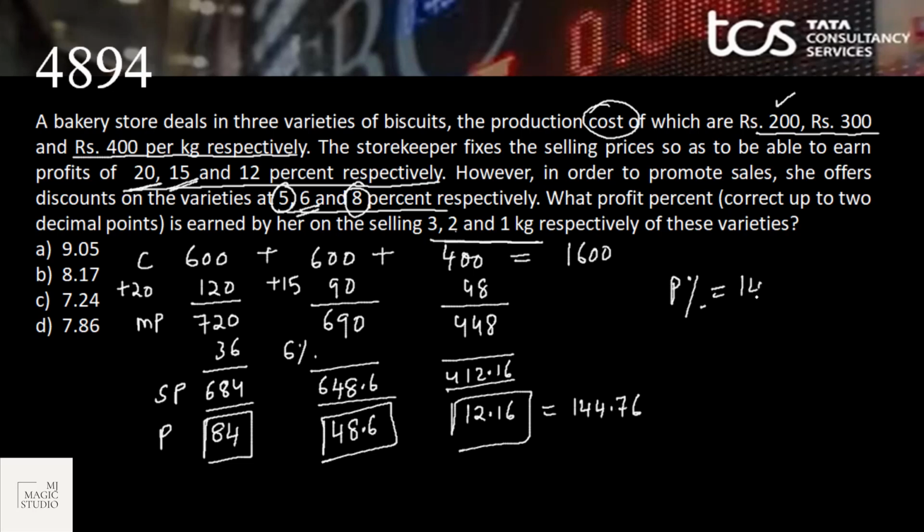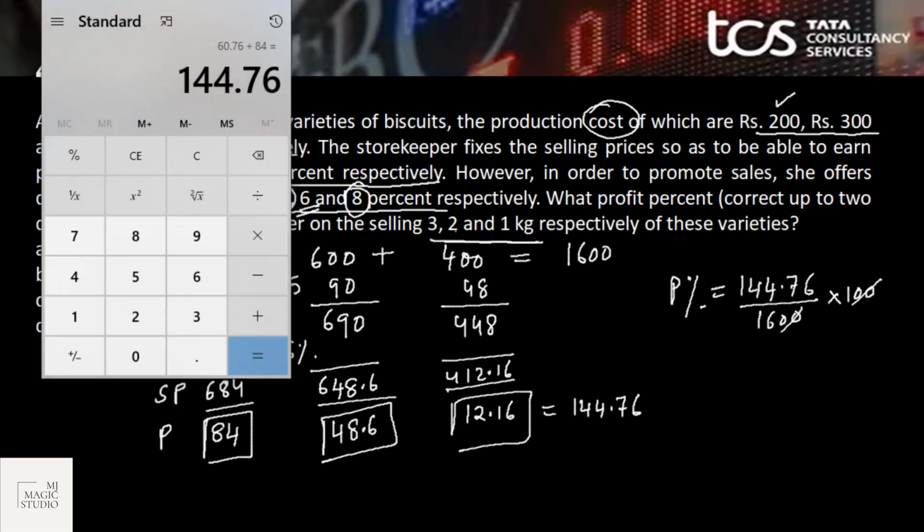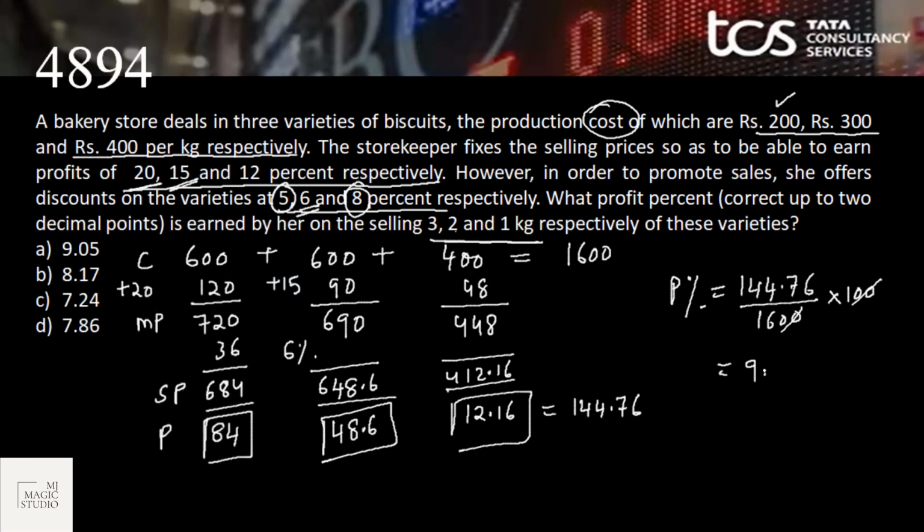Overall profit percentage is 144.76 divided by 1600 into 100, or just divide this by 16, 9.0475. 9.0475, or in 2 decimal points 9.05% is the overall profit. Option A is the fit.